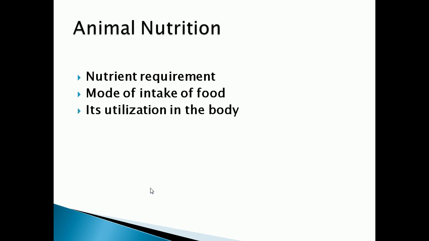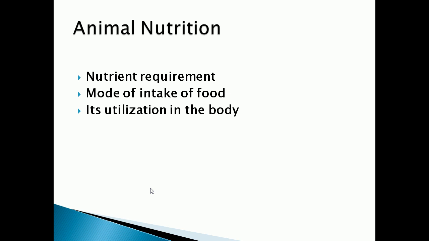Animal nutrition includes mainly three processes. The first one is nutrient requirement. We need nutrients for our growth. The next one is mode of intake of food, that is, how we take in food.